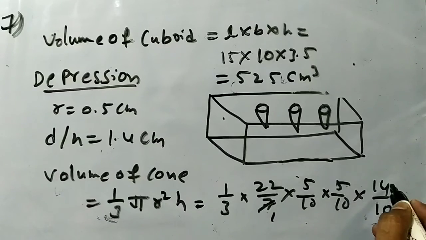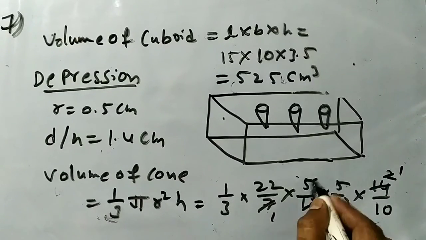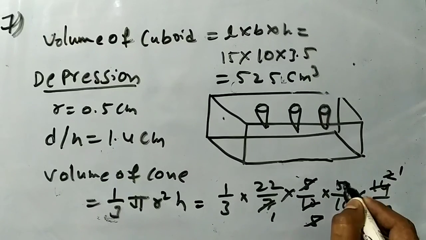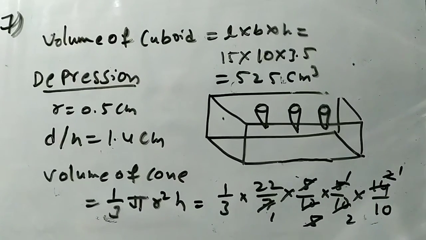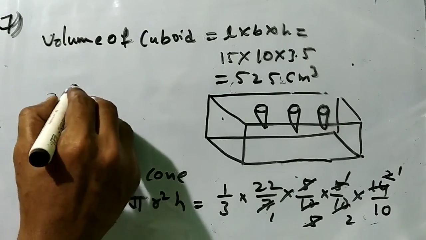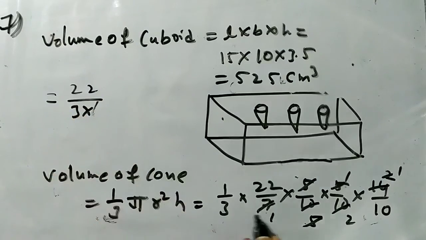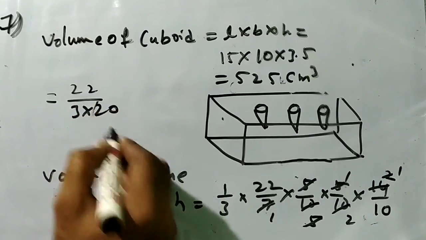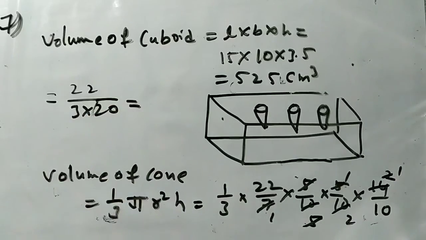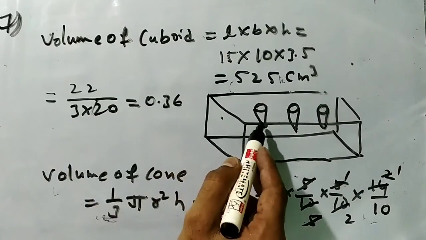7 ones are 7, 2 fives are 10, 5 gets cancelled. Here we get 22 into 22 by 3 into 20, so we get 0.36. So we got just one depression.